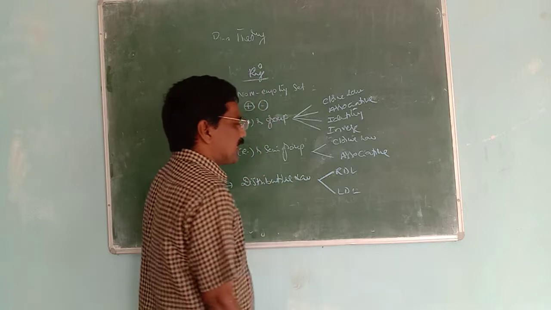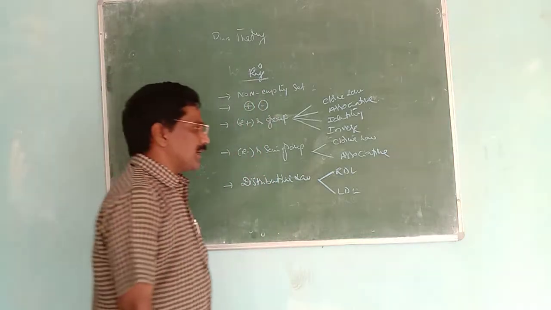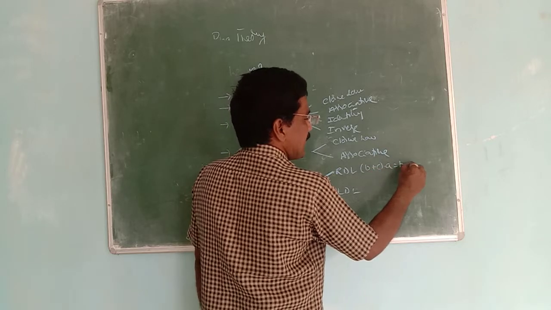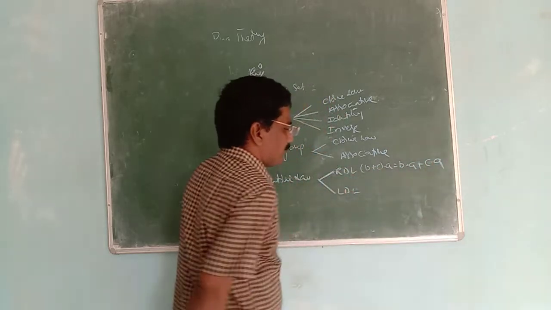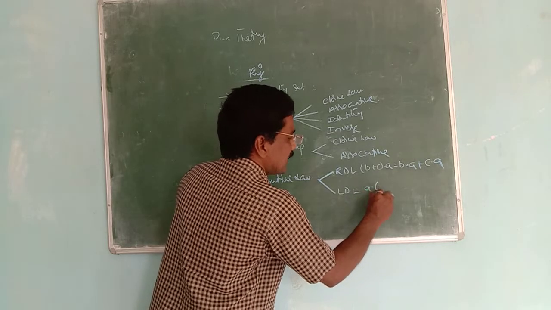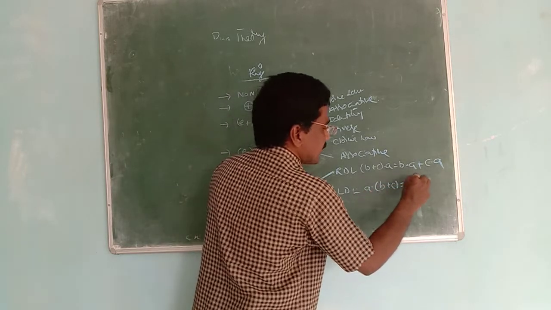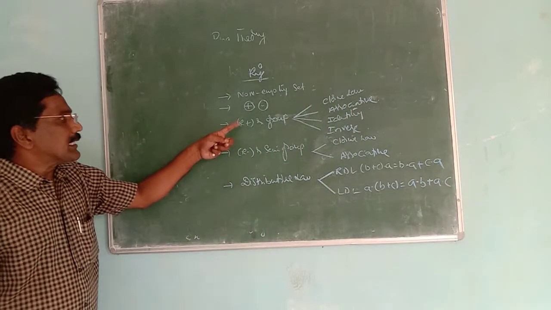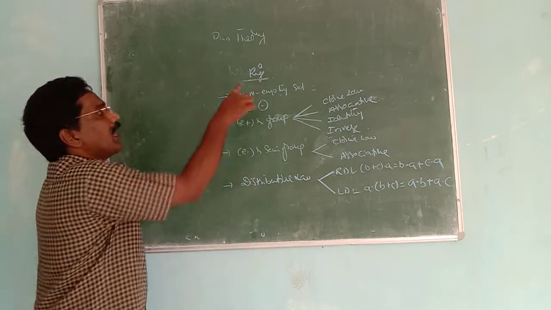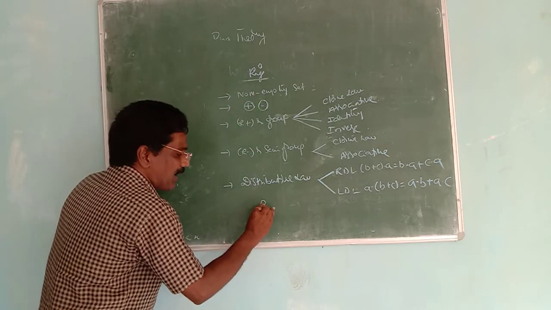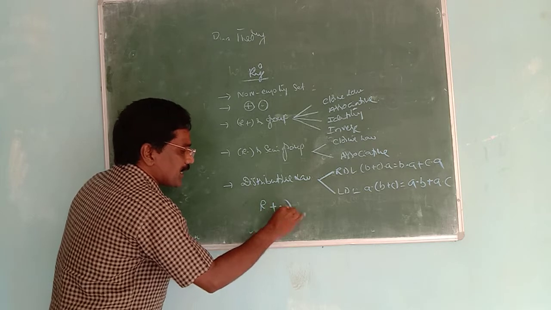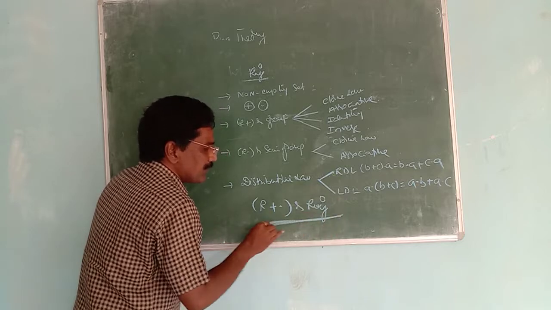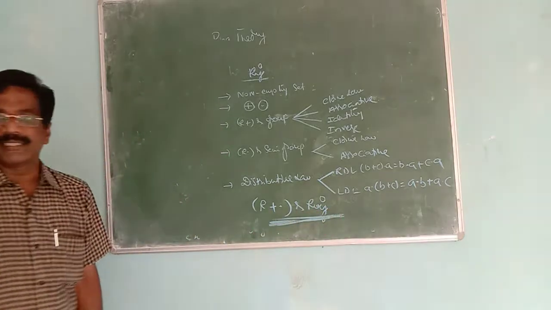Right distributive law: (B plus C) dot A is equal to B dot A plus C dot A. Left distributive law: A dot (B plus C) is equal to A dot B plus A dot C. So when these three conditions are satisfied, R is a ring. R plus and dot is a ring. It's a very important ring definition.